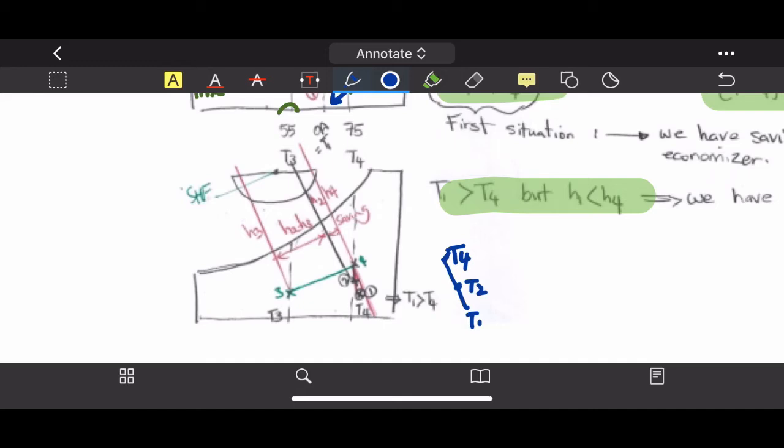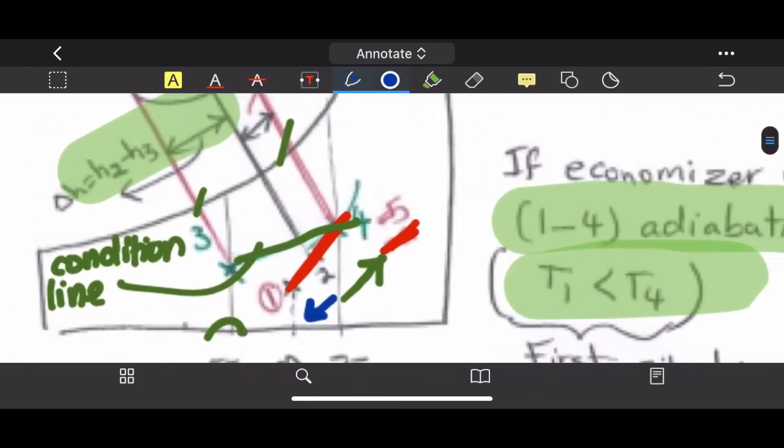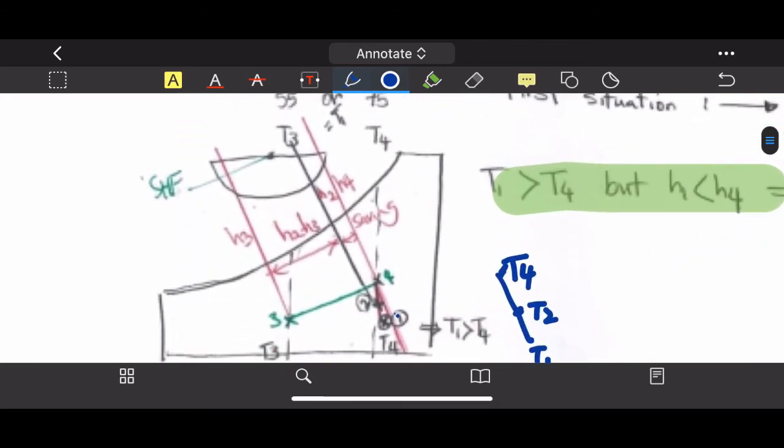So if you drag it to the line of H, you will find out that H1 is less than H4. See, 1 is here, still less than H4. But the line of saving, compared to the winter section, is smaller. Therefore, we don't really have a lot of savings during winter, right?